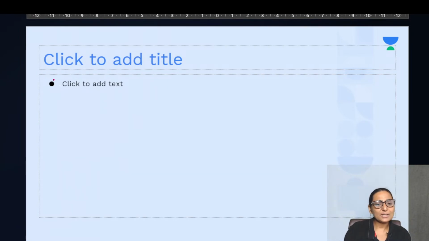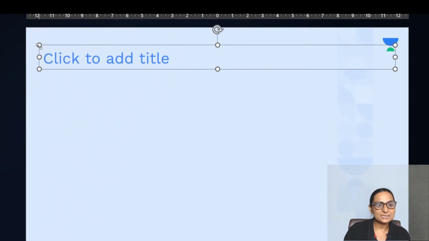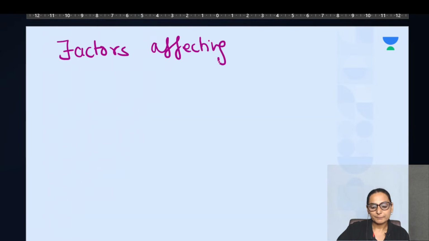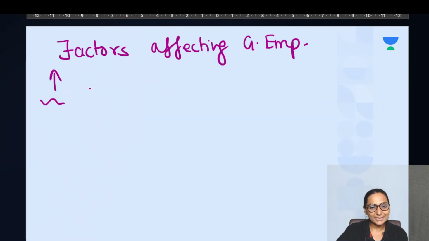Now, if you consider the factors affecting your gastric emptying, this is again a very, very important MCQ. So gastric emptying is hastened or increased by mechanical distension.